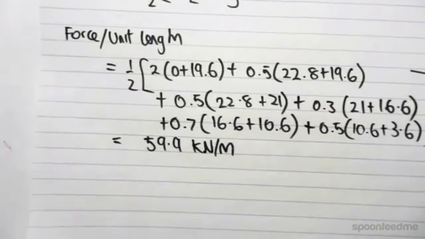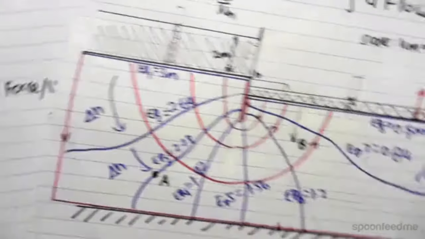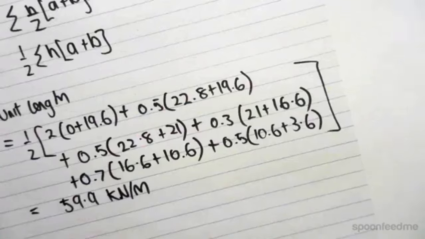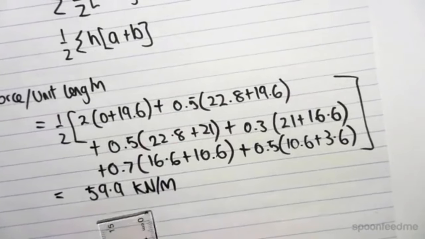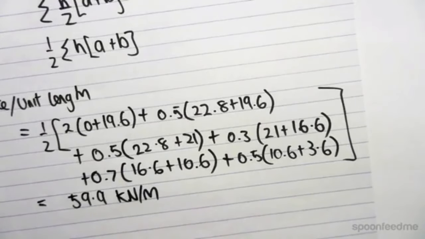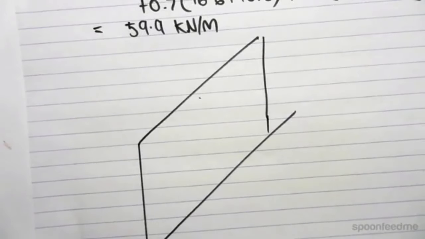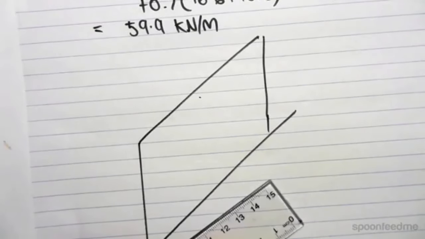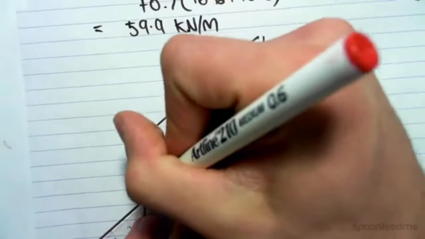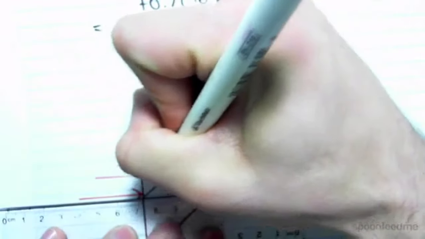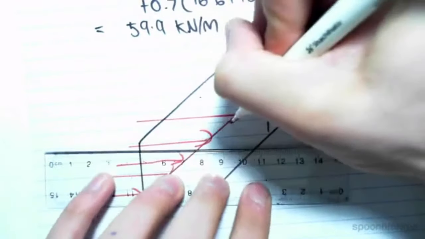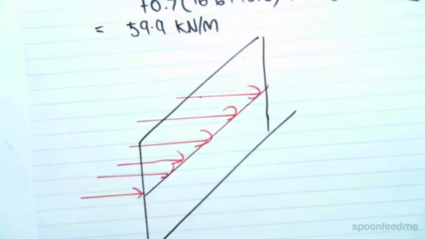What this means, if I draw our picture, once again we had a diagram like this. So here's our wall, in 2D and in 3D. Our net force was coming from the left hand side of the wall, so we're getting a net force like this pushing our wall.